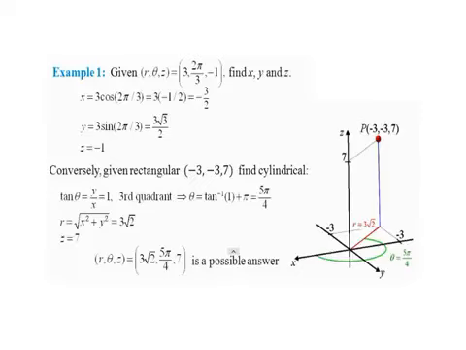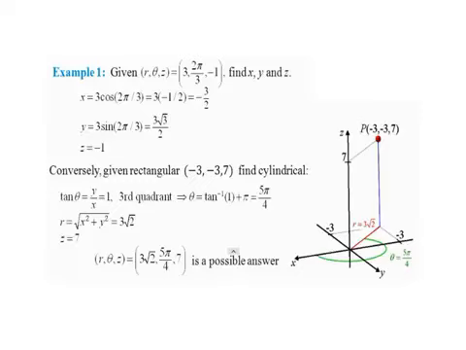Theta is obtained from the transformation equation tan theta equals y over x, which is -3 by -3, that gives 1. So tan theta equals 1, which gives theta equals tan inverse of 1 plus pi, which is equal to 5 pi by 4, because it is in the third quadrant. So we add pi to it.